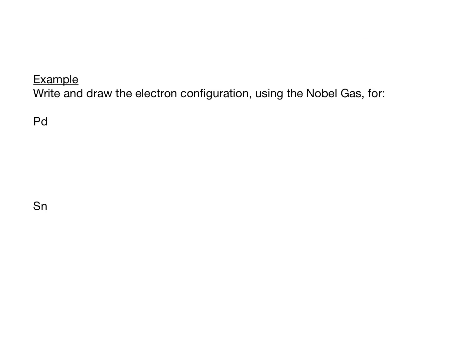So let's write and draw the electron configuration using the noble gas for two metals. So palladium has 46 electrons. Its noble gas configuration is krypton, which means that the next is the 5s, followed by the 4d. And in there we have 10 electrons.